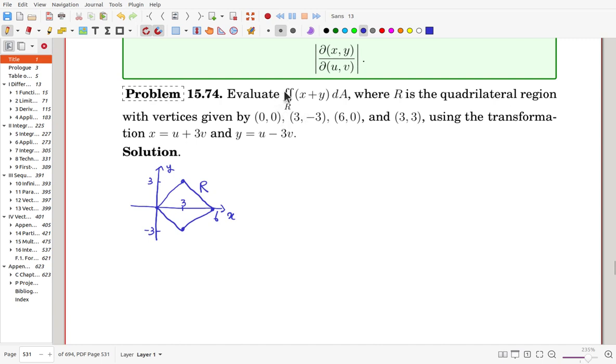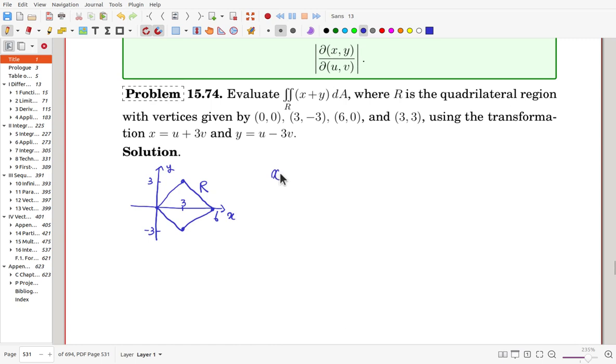You can get the integral by first dividing this one into two subregions, and separately you can get the integral, and the sum will be the answer. But rather than that, we'll try to use the change of variables. Here the transformation is given.